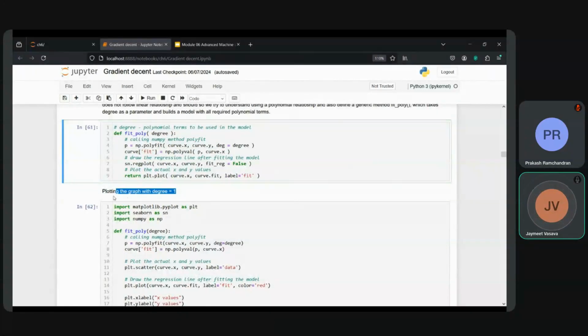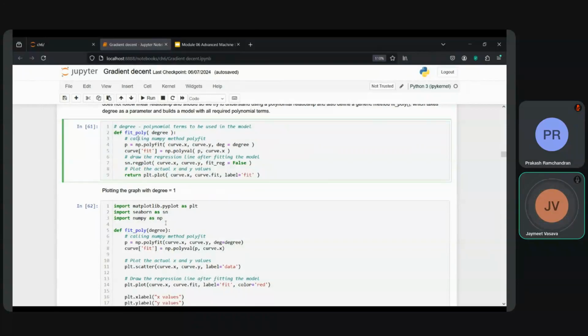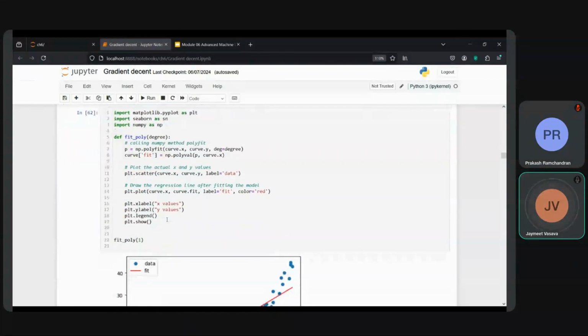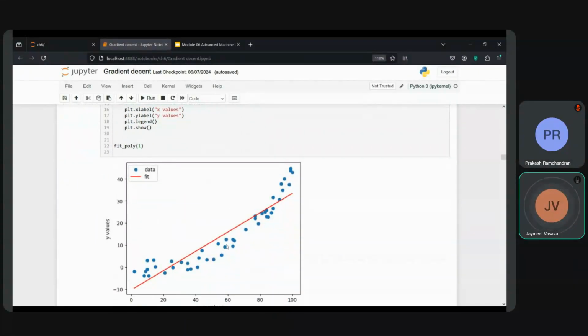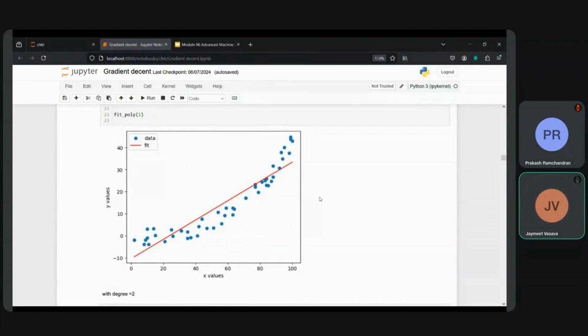For plotting the graph using fit poly with degree 1, we get this regression line, which is not able to explain the data set quite well because of the degree it is limited to.